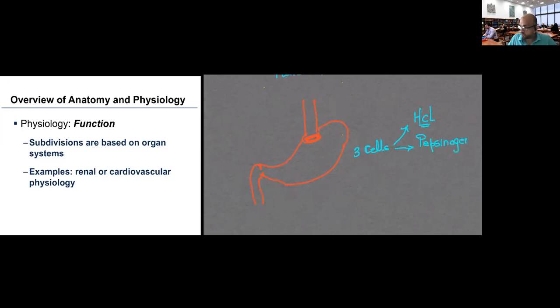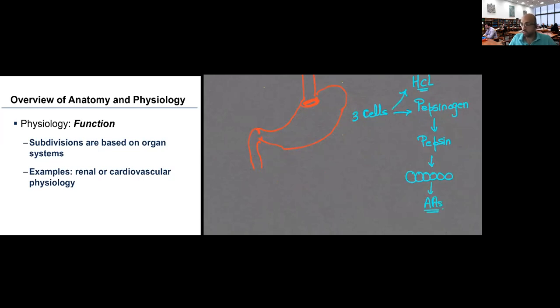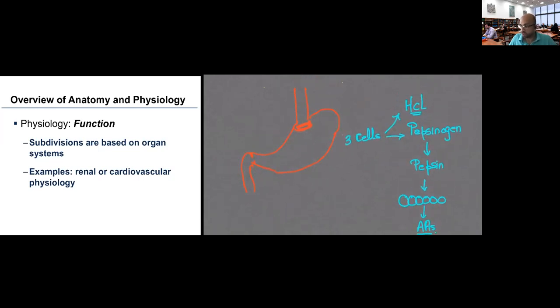And this pepsinogen is an inactive form that becomes activated into pepsin. And the pepsin is the one that breaks down the protein chains into amino acids that I can absorb and I can utilize in my cells. So you see on here, I'm describing how the stomach works.